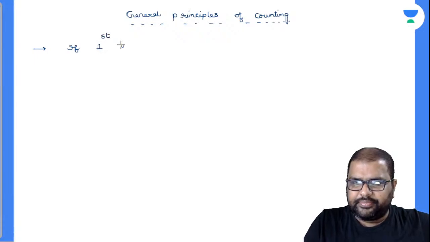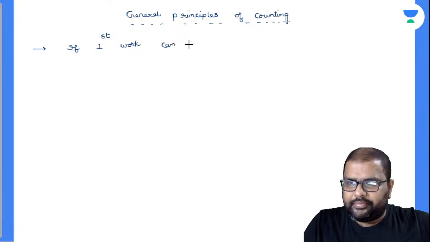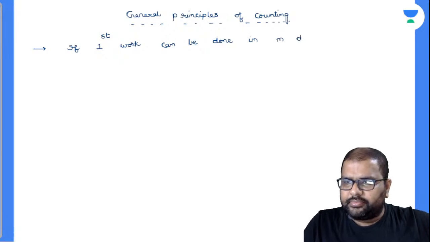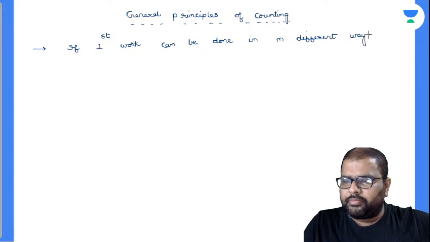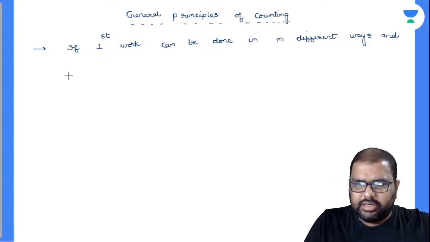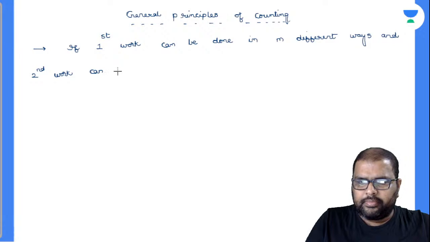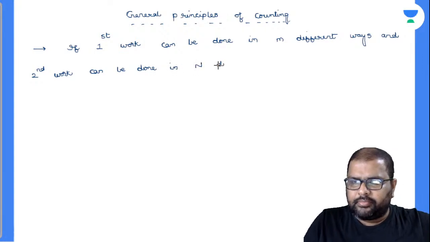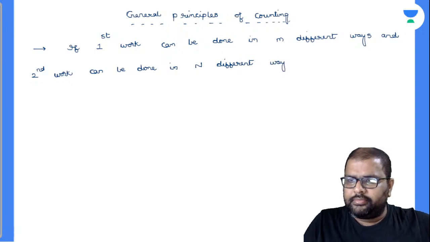If the first work, let us suppose manufacturing a watch whatsoever, can be done in m different ways, and the second work can be done in n different ways, then I'll underline the word, both.